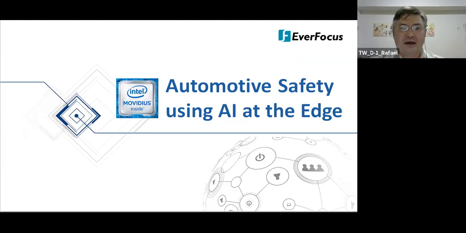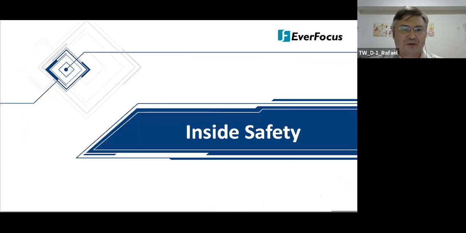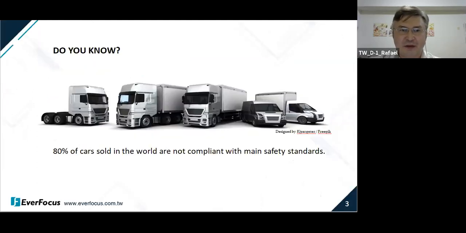Today, I'll talk about automotive safety using artificial intelligence at the edge. So first of all, I would like to talk about what is inside the safety. Today's roads are safer thanks to a wide range of state-of-the-art technologies developed by automakers.